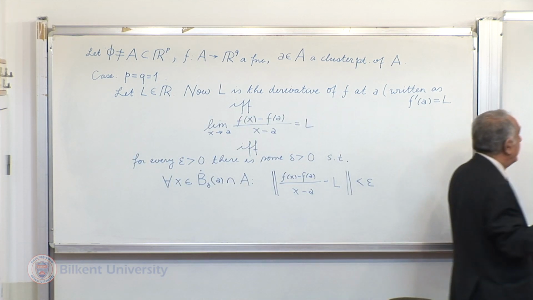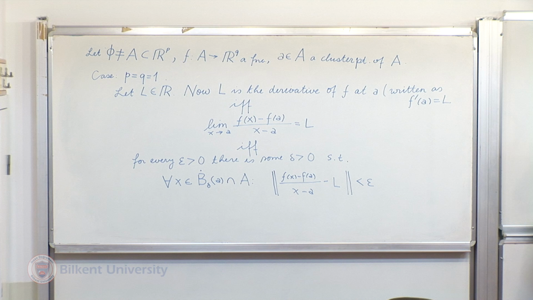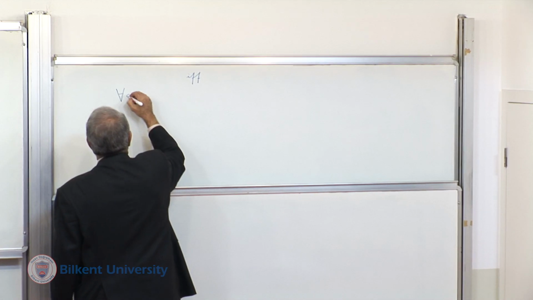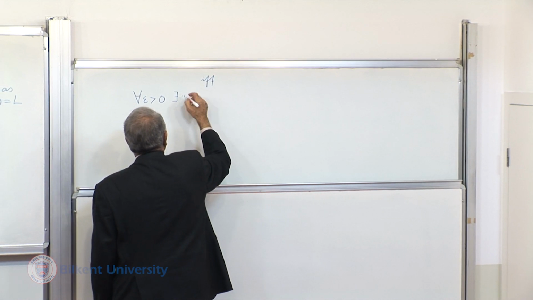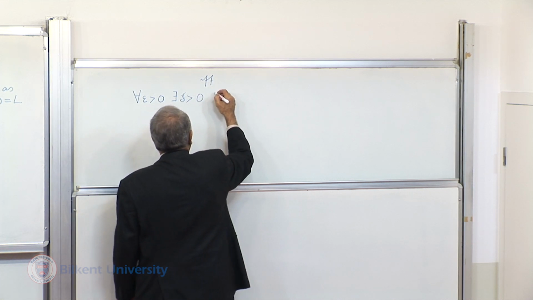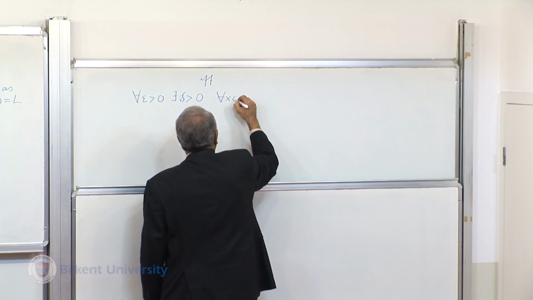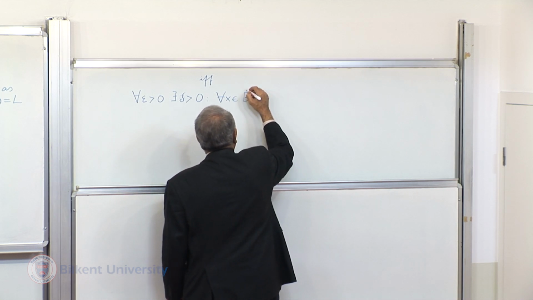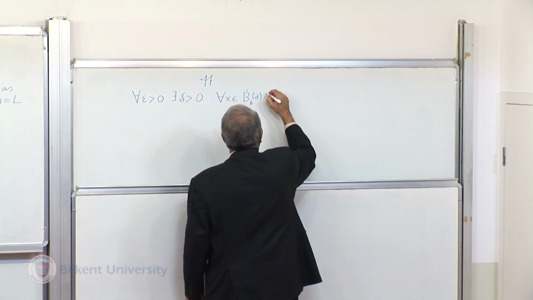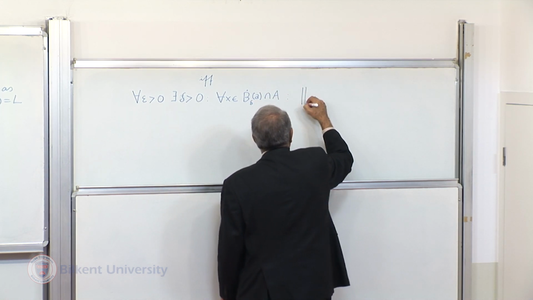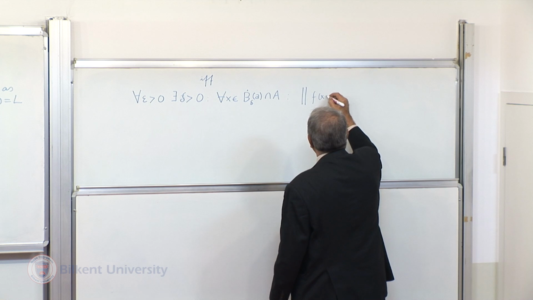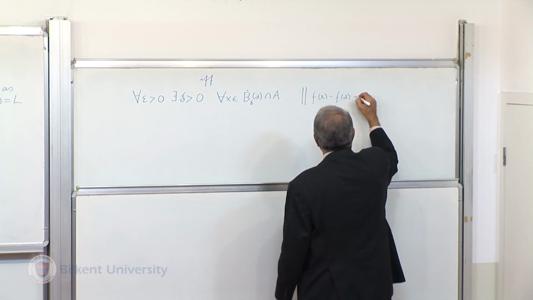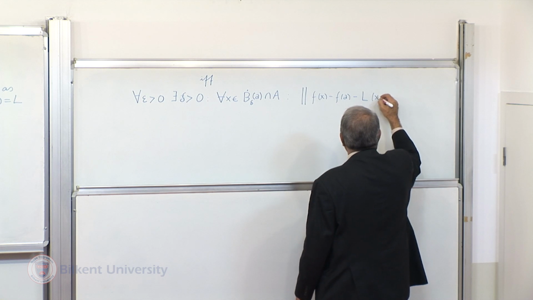So this, if and only if, for all epsilon positive, there is some delta positive, such that for all x in the punctured delta ball about A intersection A, we will have, now this will become the norm of f of x minus f of A, then minus L times x minus A.